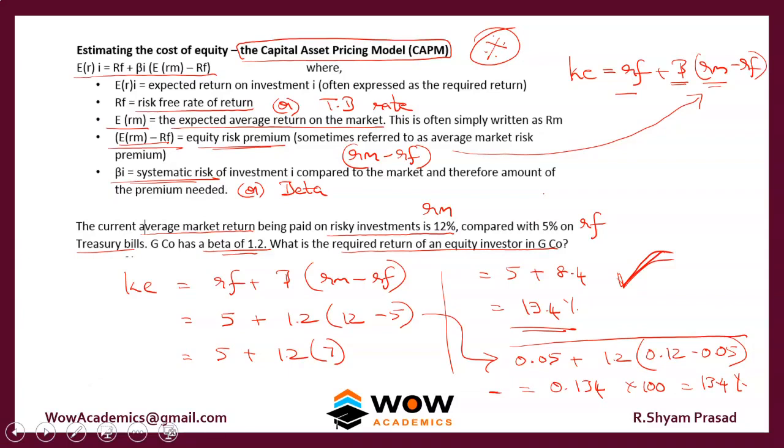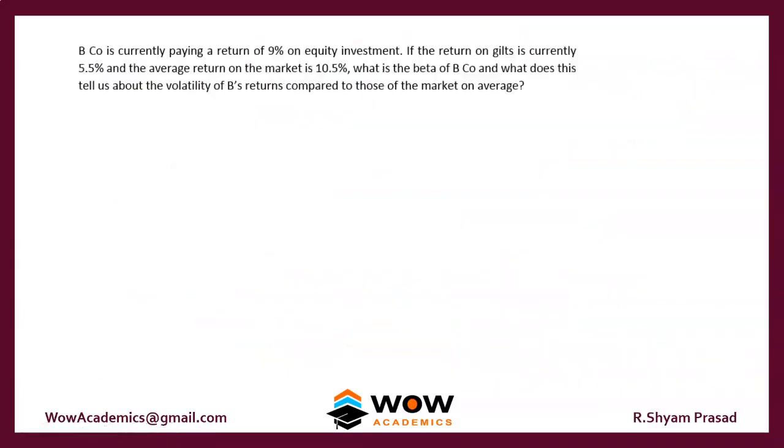We'll move on to the next problem. So again we have the CAPM problem. BCO is currently paying 9% on equity investment. So their KE is already given, 9% on equity investment.